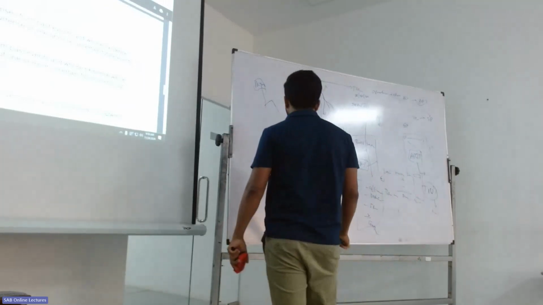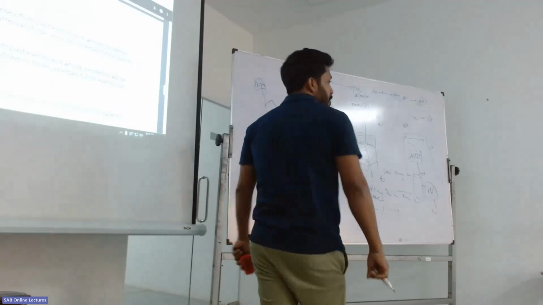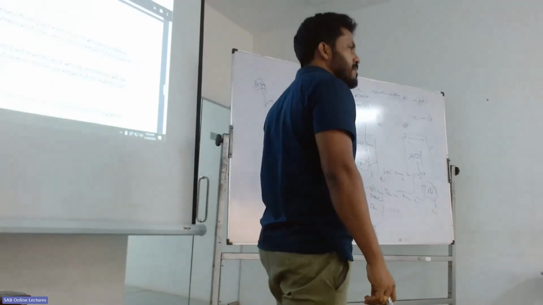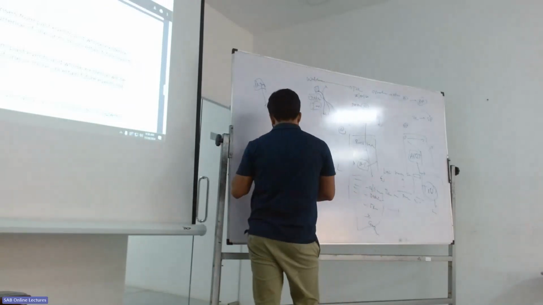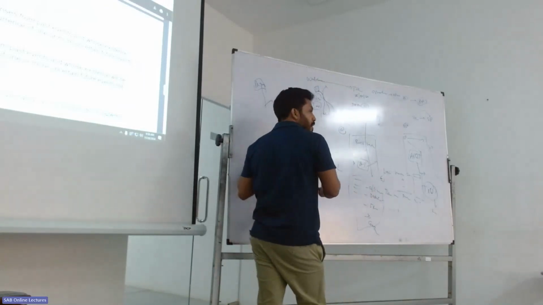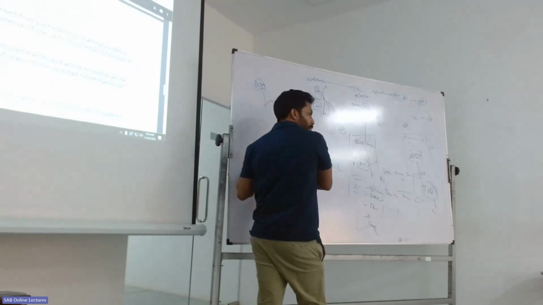A provision is a liability of uncertain timing or amount. Provision means it's a liability. Liability means a certain cash outflow as a result of a past event, where we know the exact amount. The liability may be a provision when there is uncertainty of the timing or the amount.